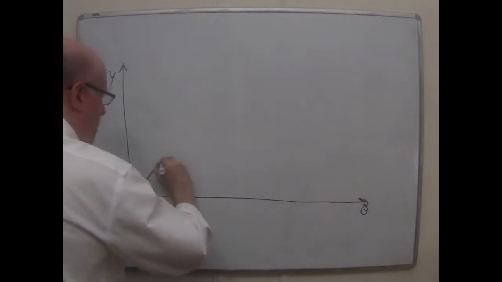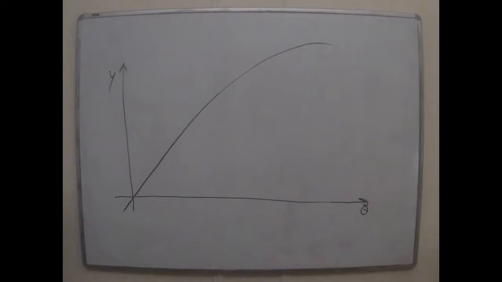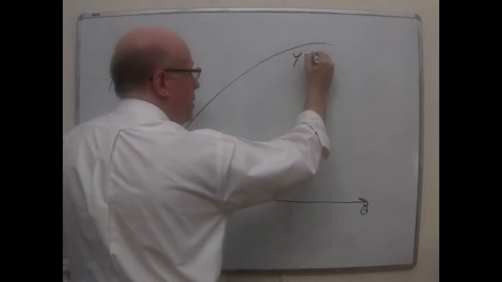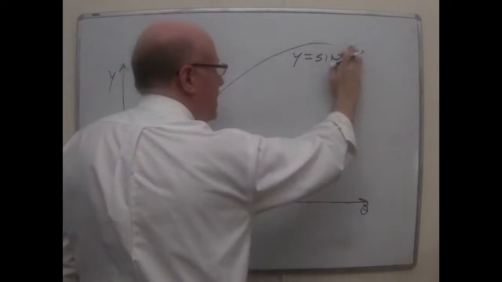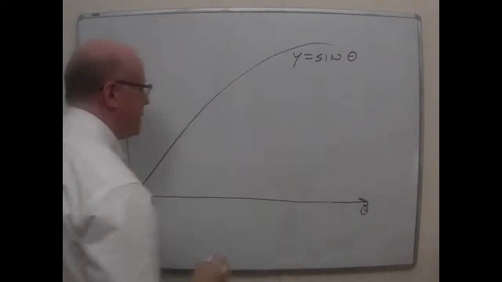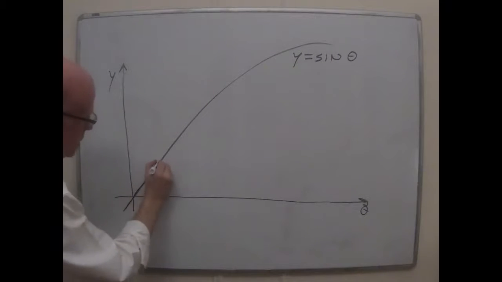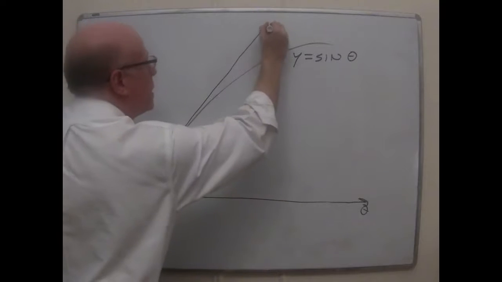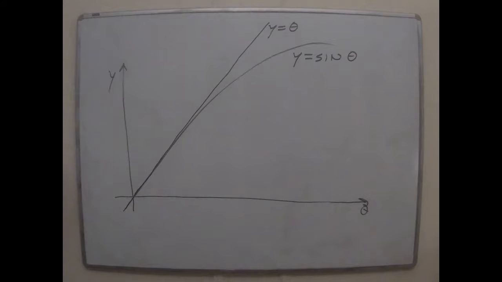It looks more or less like that if you're zoomed way in on it, right? The graph of y equals theta is this line, whose slope is 1. Right?